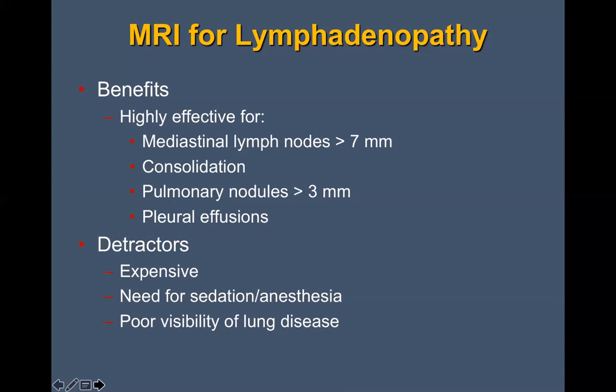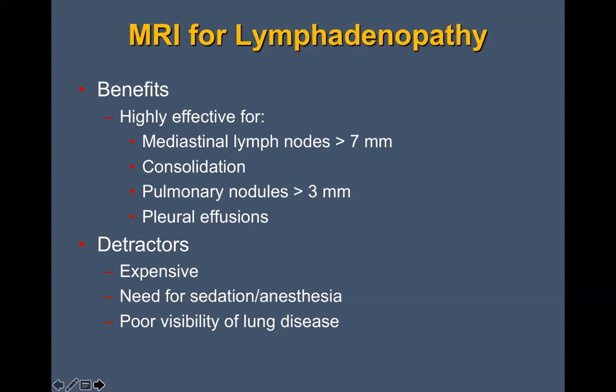What about MRI? Because we worry about CT and having a slightly, somewhat higher, exposure to radiation in young children. There are some uses for MRI, and it can be useful for looking for lymphadenopathy. Generally, your lymph nodes have to be close to a centimeter, at least 7 millimeters in diameter to really be easily visible on MRI.